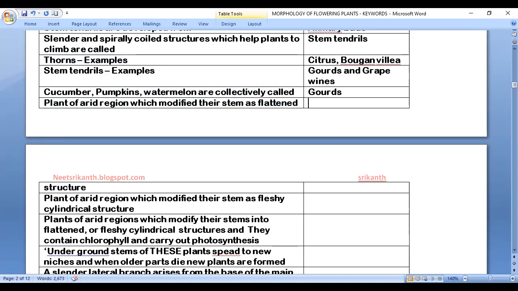Plants of arid regions modify their stem into a flattened structure, as in Opuntia, or a fleshy cylindrical structure, as in Euphorbia. These modified stems contain chlorophyll and carry out photosynthesis.